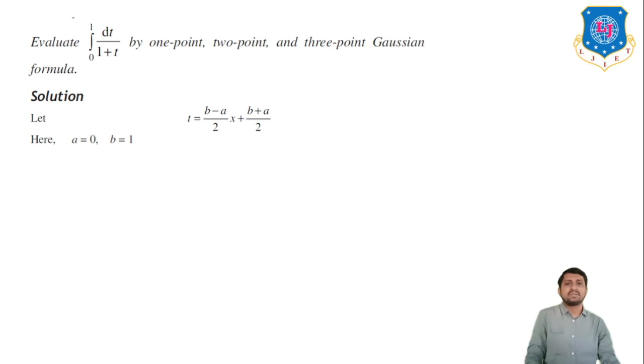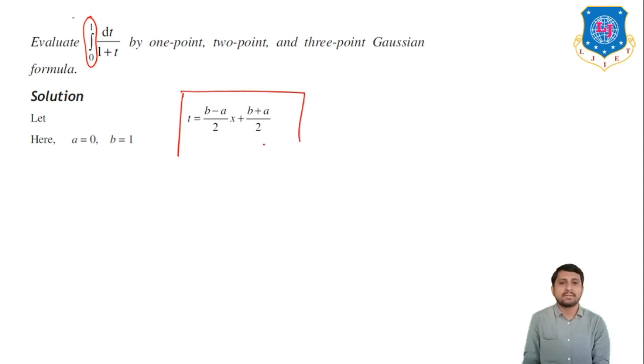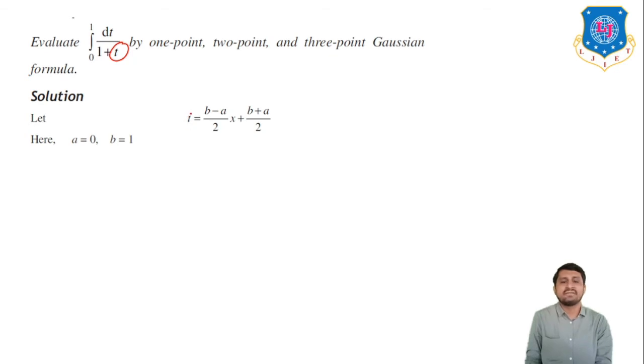This is quite interesting because here you can see that the limit of integration is not from minus 1 to 1, that is 0 to 1. So first you have to convert your limit to minus 1 to 1, and for that you have to remember this important formula. In the example you have variable t, so on the left hand side you take t, and on the right hand side you can take any variable, so I take x.